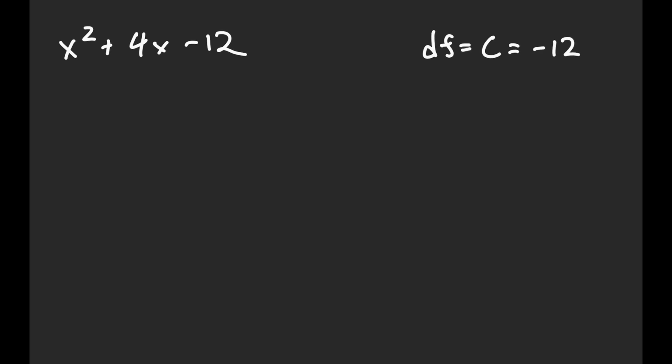Okay. Occasionally, you're going to have negatives involved in your factoring. So let's take a look at another example. We have x squared plus 4x minus 12. Okay, so the same rules remain true. d times f equals c, which is negative 12. d plus f equals b, which is 4.